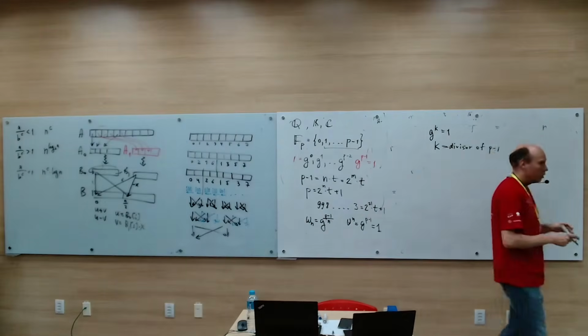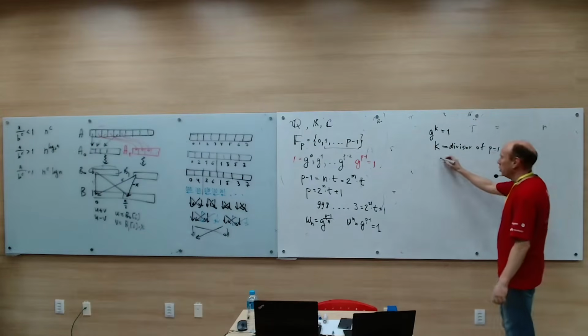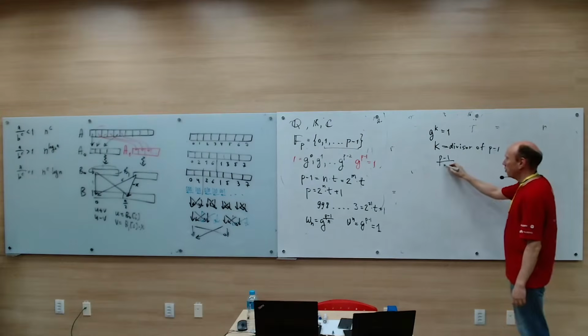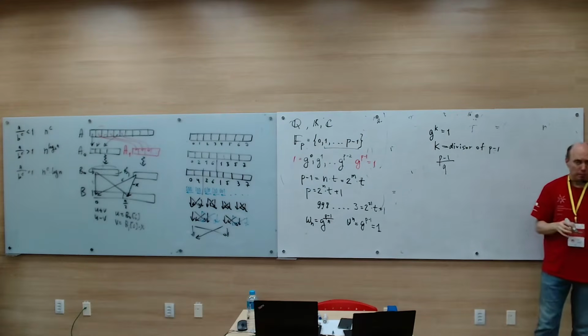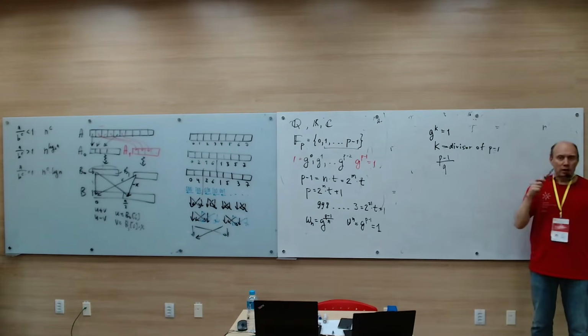So you can iterate over all divisors. Sometimes, if you want to speed it up even more, it's enough to iterate over divisors of the kind p minus 1 divided by a prime divisor of p minus 1. But actually, for the purpose of finding some g, it's okay to iterate over all divisors.